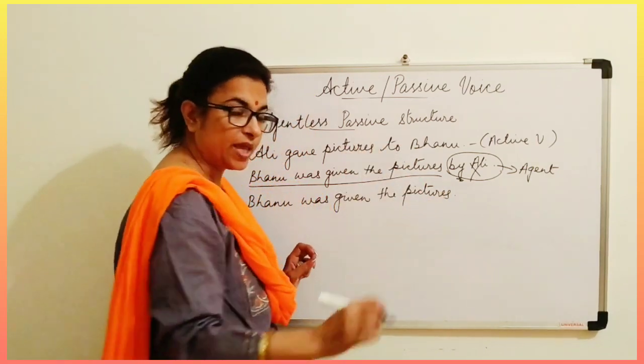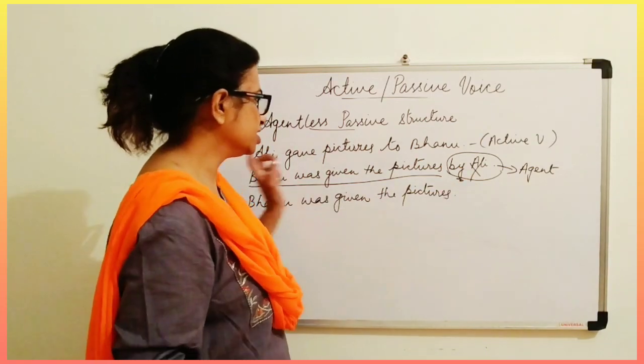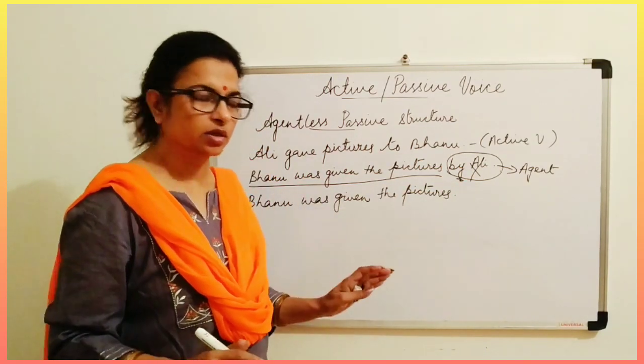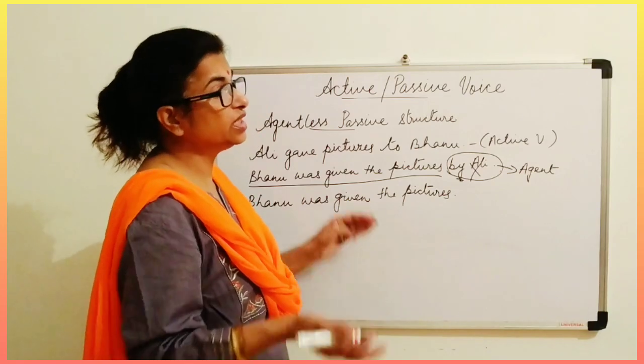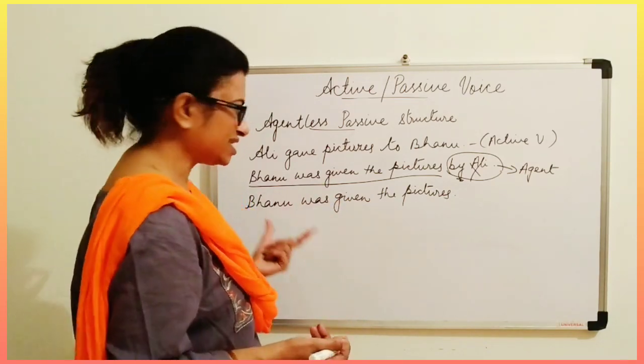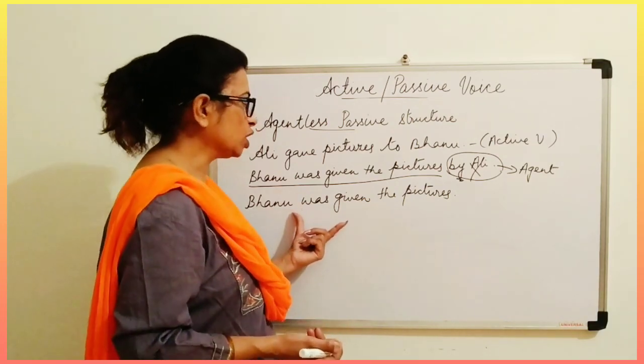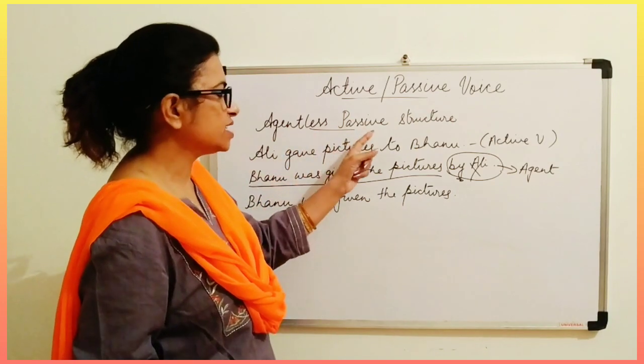Full stop. Now no Ali. We are not going to mention the agent. Who is giving the picture we are not mentioning, but who is being given the picture, that is more important. So this sentence we call an agentless passive sentence.